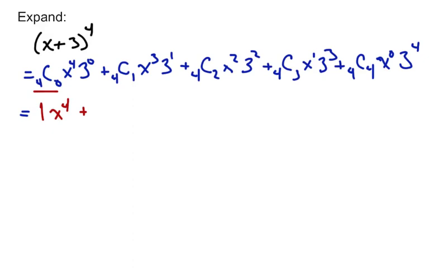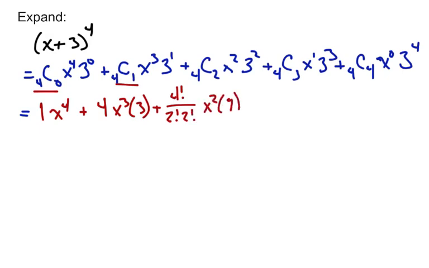And since we're talking about 4 choose 1, that means the next term is going to be 4x to the 3rd power times 3. Now that we're at 4 choose 2, maybe we actually have to calculate that out as 4 factorial over 4 minus 2 factorial times 2 factorial. x squared times 9.